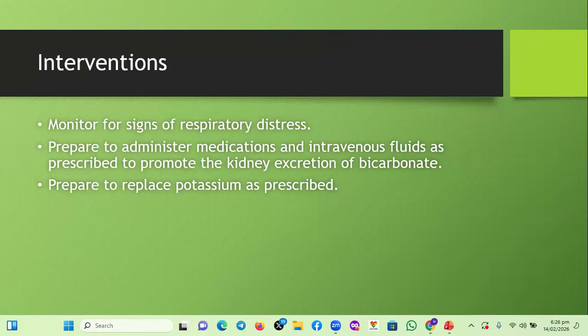And so the potassium, which is supposed to be in the cells, moves into the blood, trying to compensate by moving the hydrogen ions, which cause the acid, back into the cells. So in metabolic acidosis, you see hyperkalemia, that is, high potassium levels.